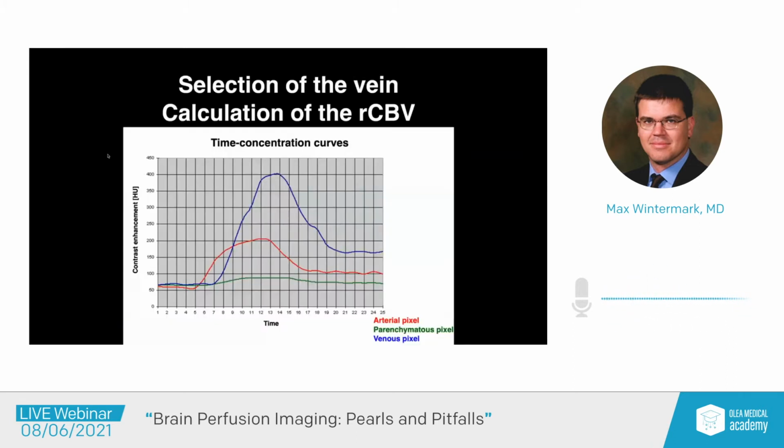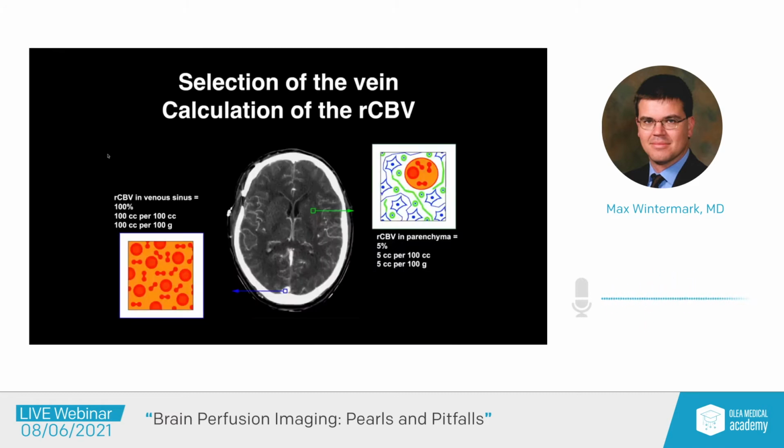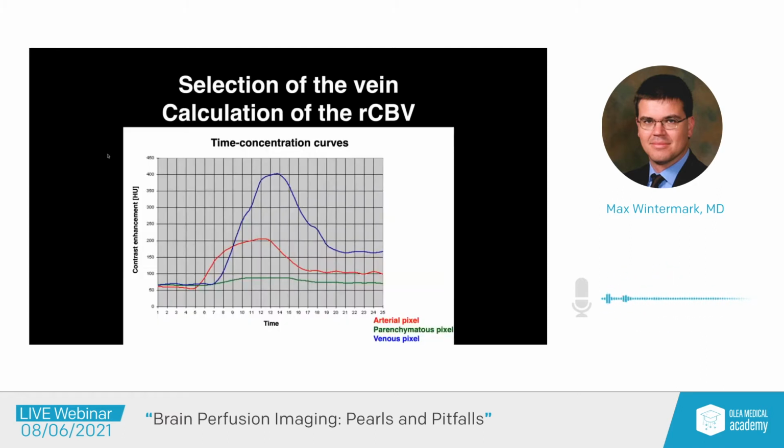It applies this principle to those time concentration or time density curves. Coming back to the previous slide, the software is first going to look for the voxel that contains only blood. To do that, it's just going to look for the voxel that has the maximal area under the curve. It turns out to be the blue curve here on that particular graph, and it's going to calculate this area under the curve.